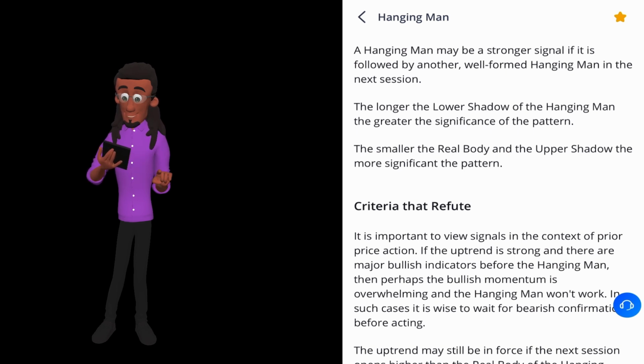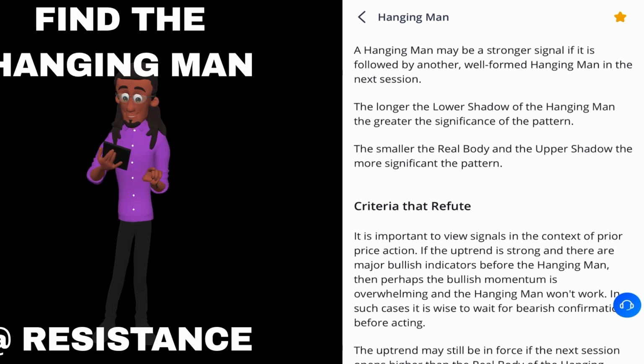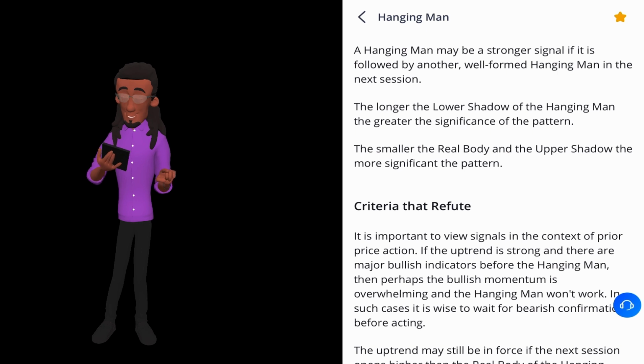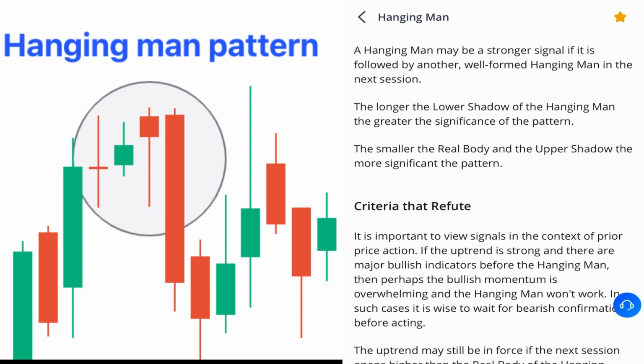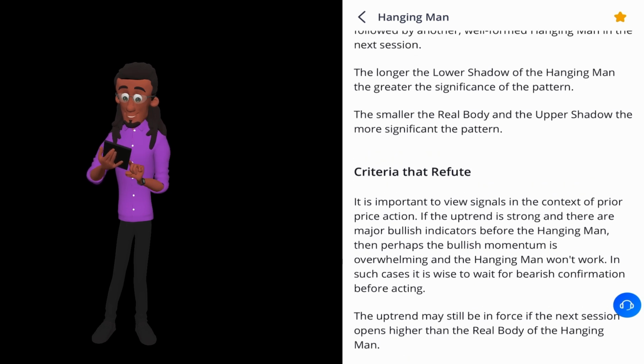Two red candles pointed to the downside from a support or resistance level is going to be a strong signal. The longer the lower shadow of the hanging man, the greater the significance. So the longer the wick, the more powerful the candle is. The smaller the body and the upper shadow, the more significant the pattern is. If it's a very small body and there is no wick, then that is very significant. That is a beautiful setup.